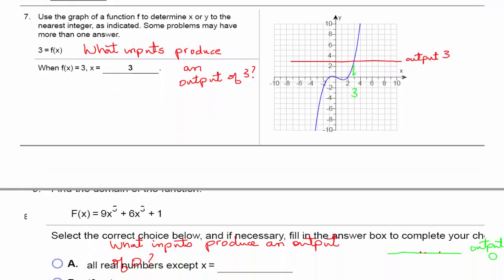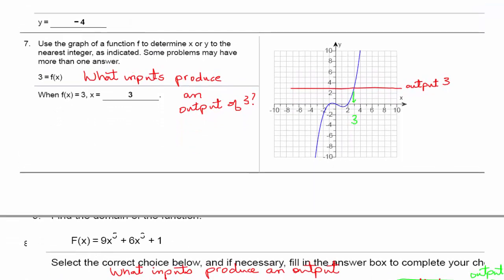Now in question 7, they change things up a little bit, and the question is f of x equals 3. What inputs are going to produce an output of 3? So since I'm curious about an output of 3, I draw a line at the output of 3, and I look, does that touch the graph somewhere?